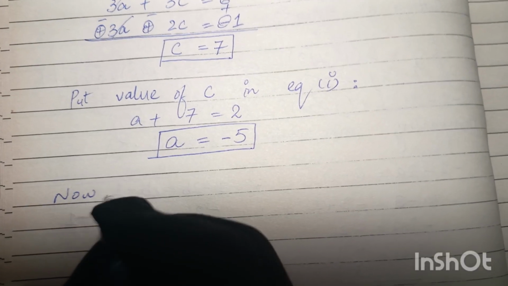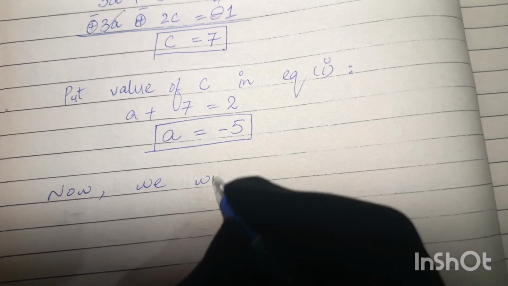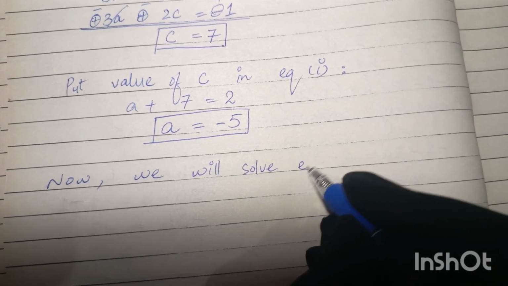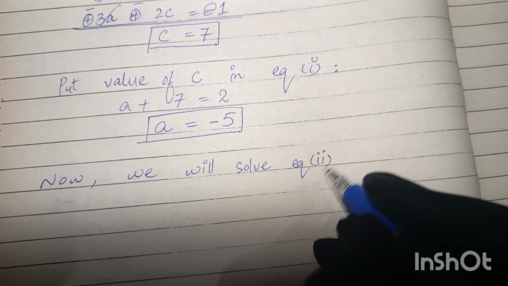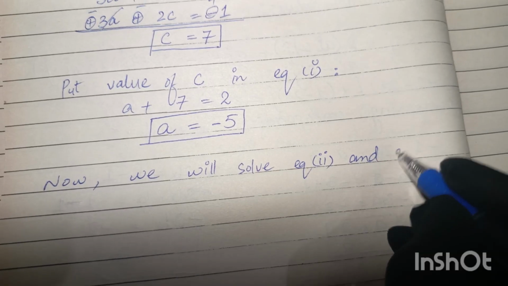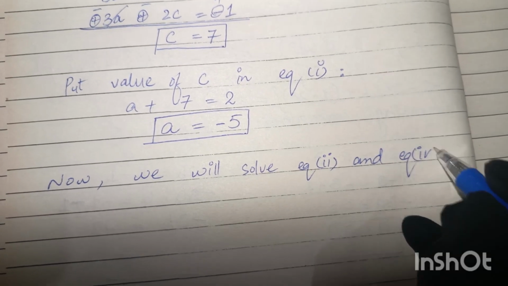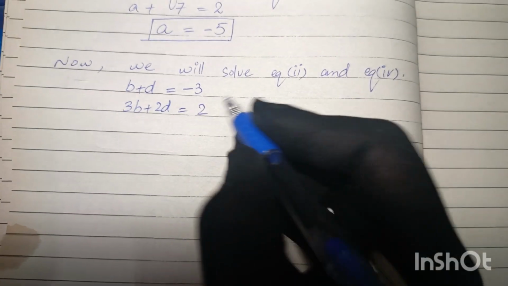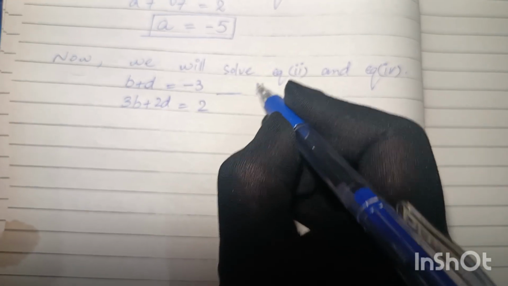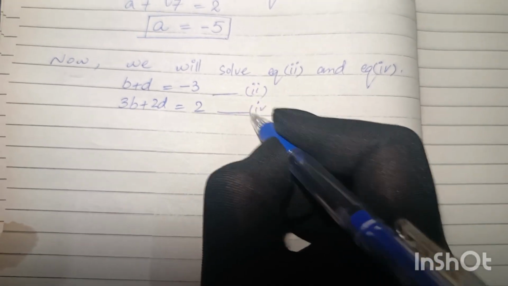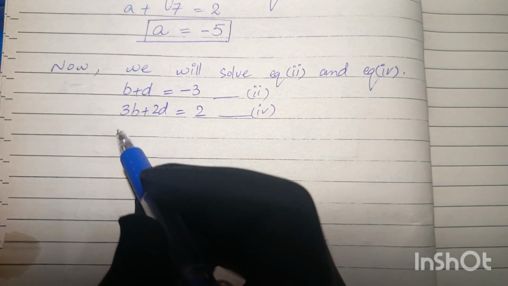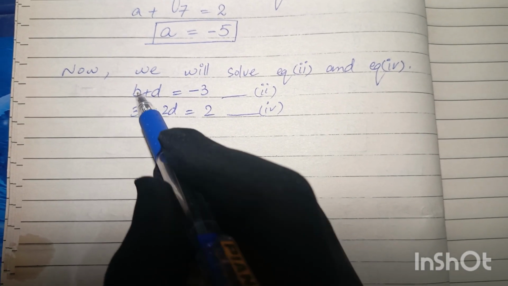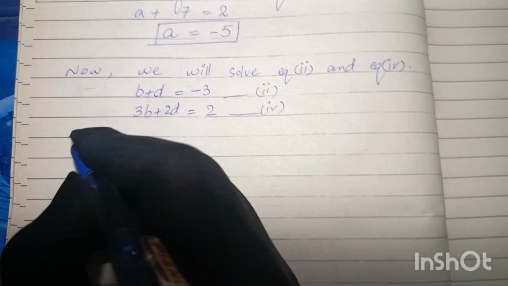Now we will solve equation number 2 and 4. So this is equation number 2 and this is equation number 4. Now for equating the coefficients of b variable, we will multiply the equation number 2 by 3.